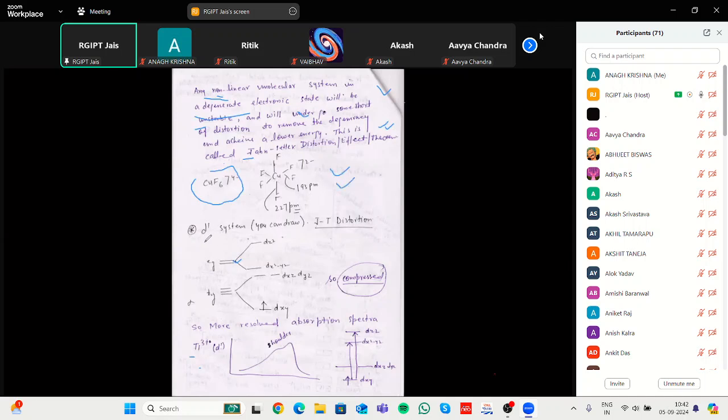And in case of a d1 system, only one electron is in dxy, that's why this complex compresses its bond length, and that has higher chances of Jahn-Teller, and that can give stability to the complex.